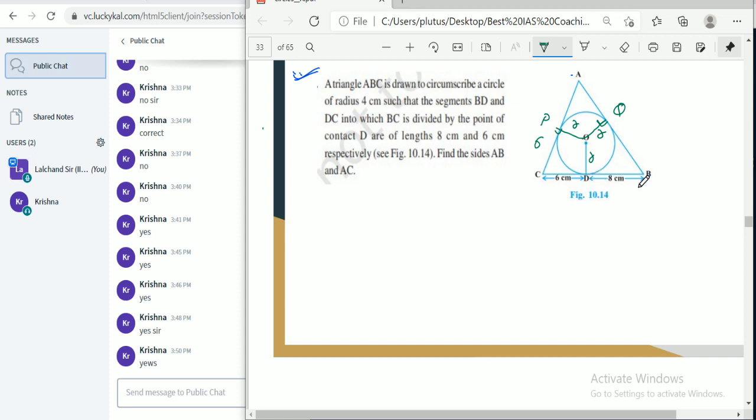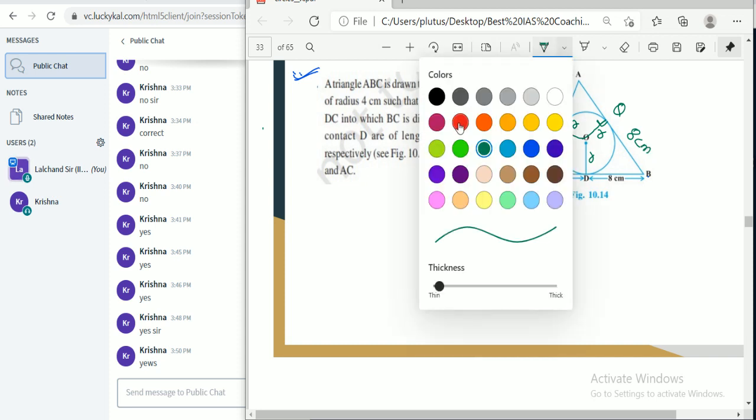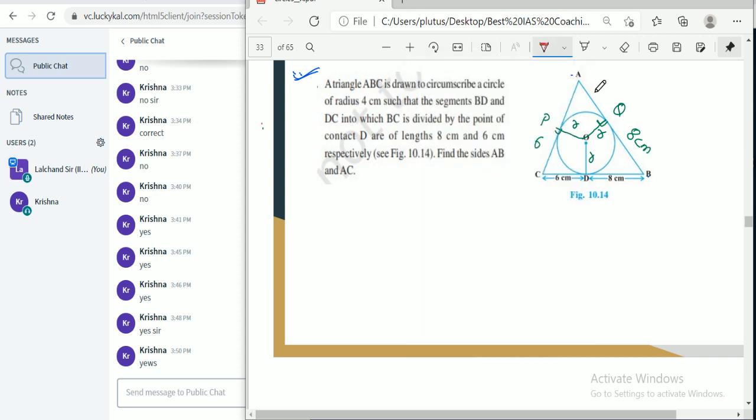In a similar way we can say the value of BQ is also 8 centimeters. If we let this be X units, this is also X units.